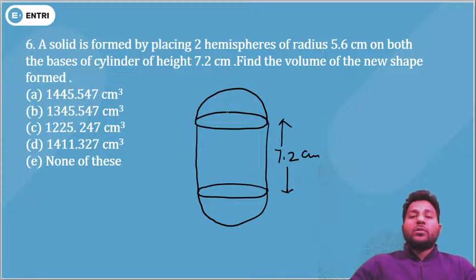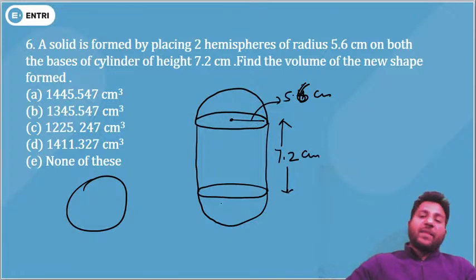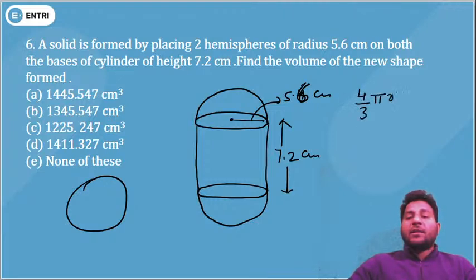So how are we going to do that? We know that the radius of both the sections is 5.6 centimeter. If you add these two hemispheres, you will get the whole sphere. So we just need to add the whole sphere and the cylinder volume. So whole sphere volume is 4 by 3 pi r cube plus pi r square h.